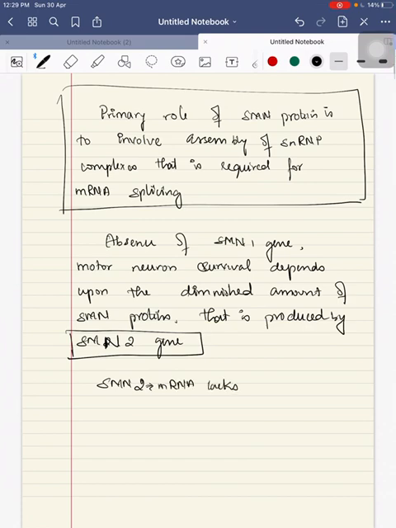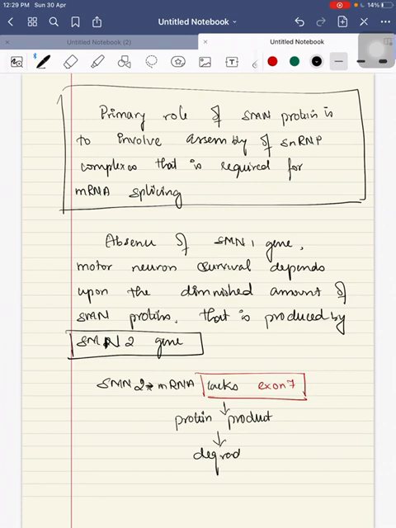So what is the difference between the SMN1 and SMN2 genes in the production of SMN protein? In SMN2, the mRNA lacks exon 7.